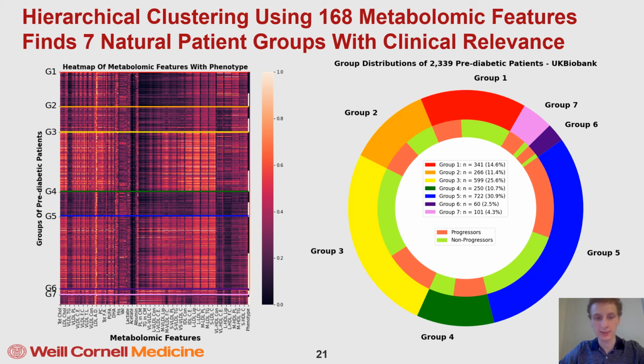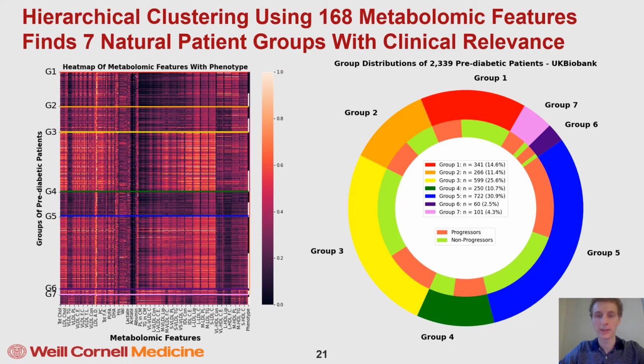On the x-axis here, you see the metabolites. So for each of these rows, these values correspond to different metabolite expression values for each patient. And we see that there are huge differences between groups, shown by the contrasting colors of the expression values of each group.